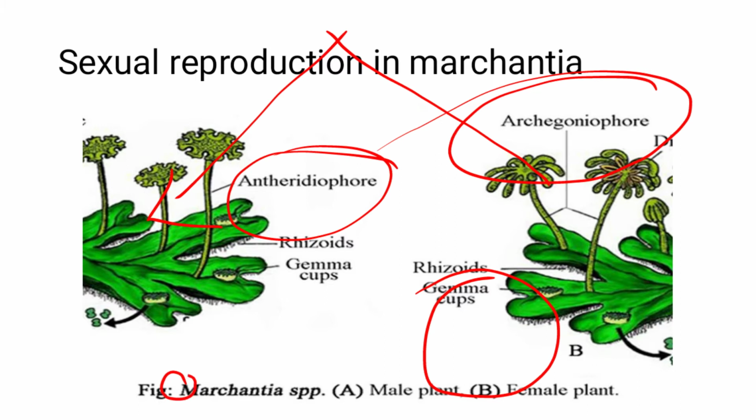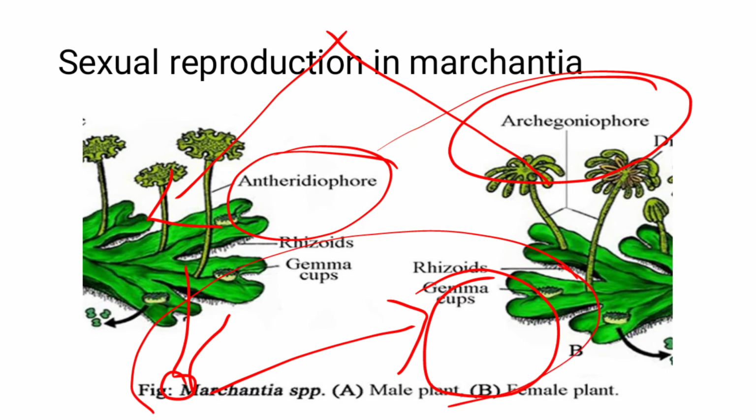Here, the small flagellated motile male gamete, which is normally considered a sperm, moves towards the bigger non-motile female gamete for the fertilization process, where the male gamete fuses with the female gamete. This type of fertilization is called oogamous fertilization. What is oogamous fertilization?